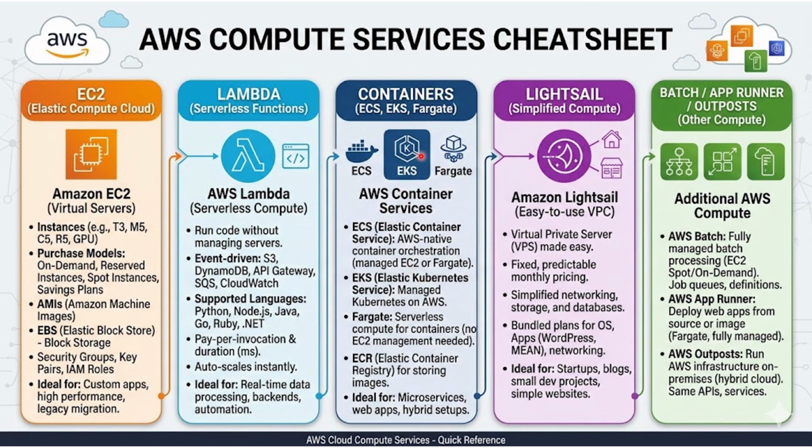Here we have the orchestration choice, ECS versus EKS. ECS is Elastic Container Service. It is the AWS native container management solution. It integrates deeply with cloud native constructs like IAM, CloudWatch, and ALB with minimal configuration complexity.